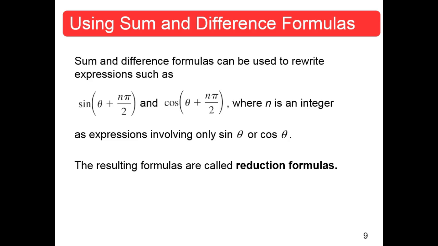You know, when we have a general formula and we have those plus things, we can rewrite those as trigonometric functions of only theta, leaving out the other things. So that's where example 6 comes in. Those are called reduction formulas. Okay?